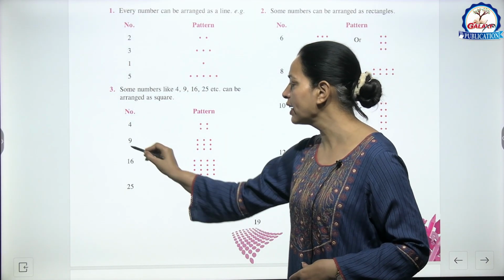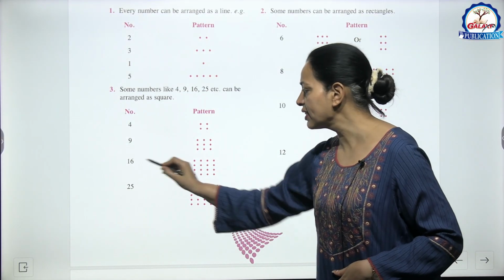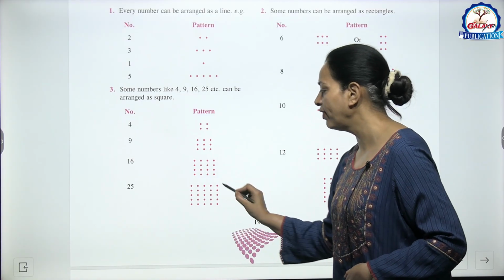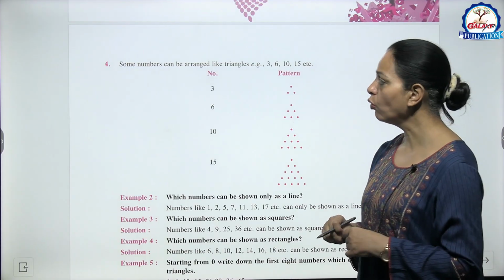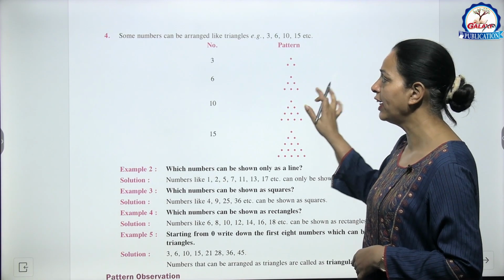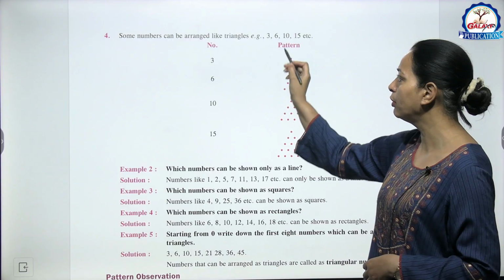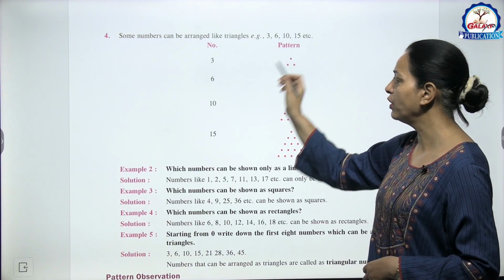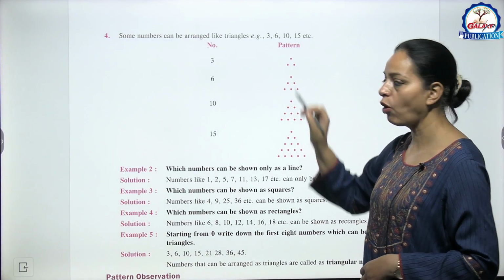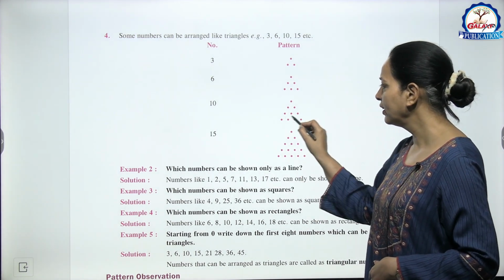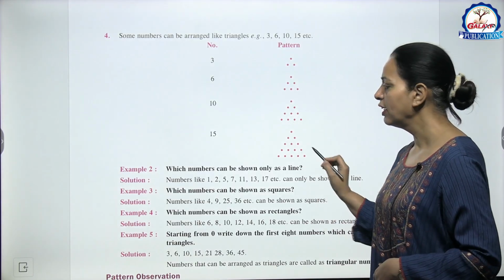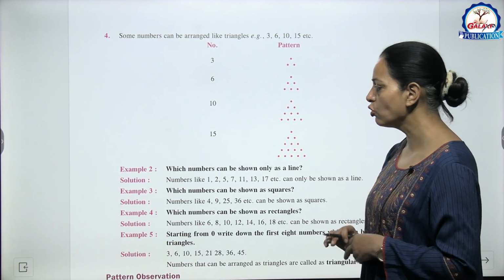So 4 dots, 9 like this, 16 like this, 25 like this. So they are representing square. Okay. Now the fourth one, some numbers can be arranged like triangles. For example, 3, 6, 10, 15, like 3. This is forming a triangle. 6, triangle 10, triangle 15. Okay, so I hope this is clear to you.